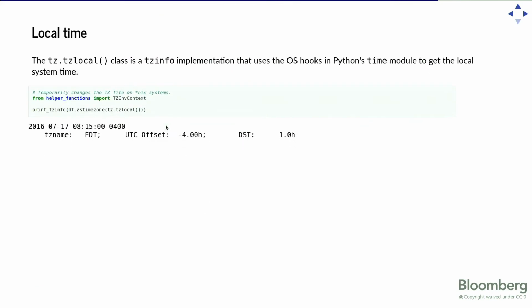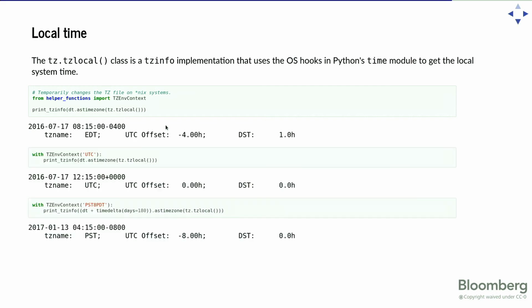Okay, so the next time zone that's very useful in dateutil is tzlocal. This basically is a tzinfo implementation that calls Python's time OS hooks to query the OS about what it thinks the current time zone should be given the datetime. So this is tz.tzlocal. You attach it.